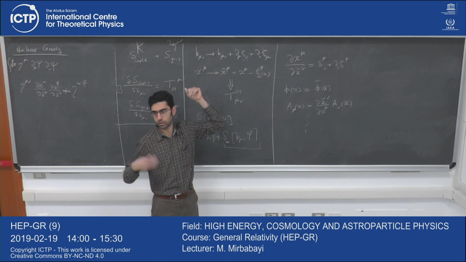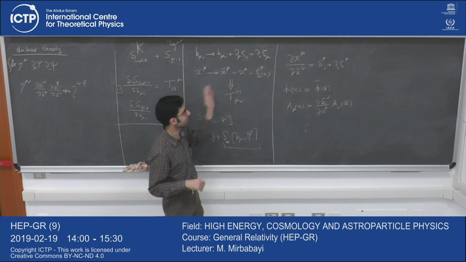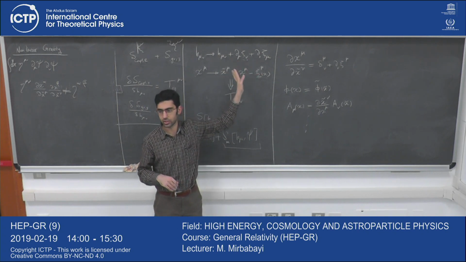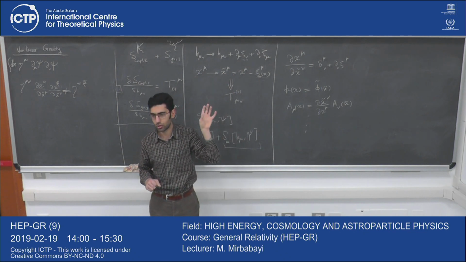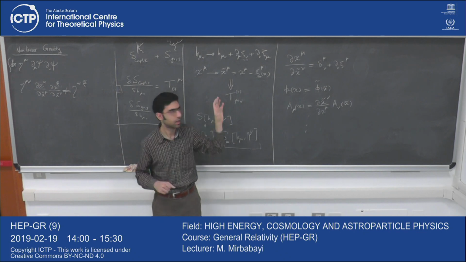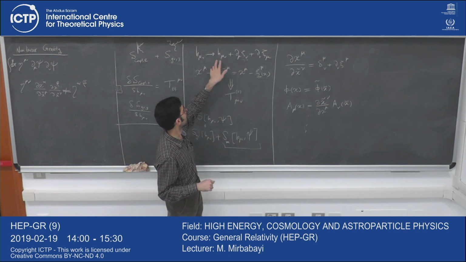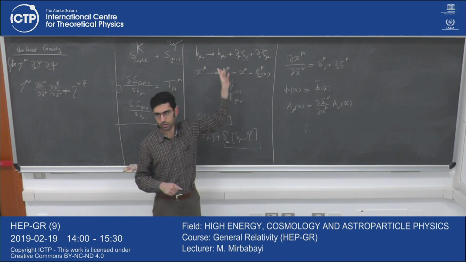They survive even if I set h mu nu to 0. That makes it obvious that it's not a tensor, because if you have a tensor, if it vanishes in one coordinate system, it has to vanish in all other ones. The fact that I can start from 0 and make it non-zero means that it is not a tensor.